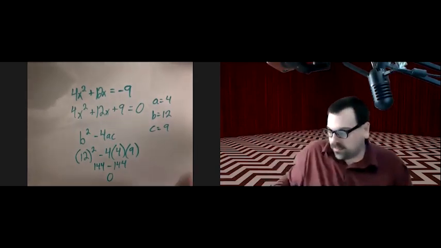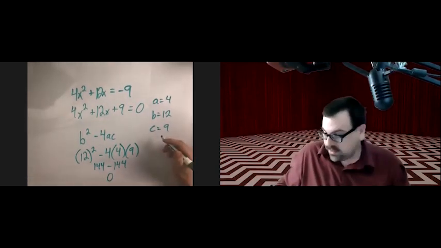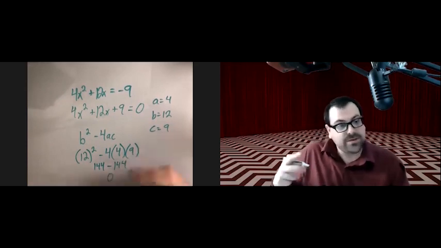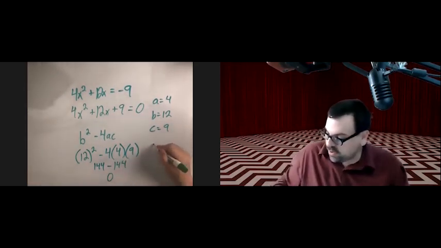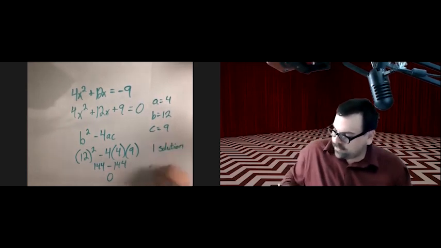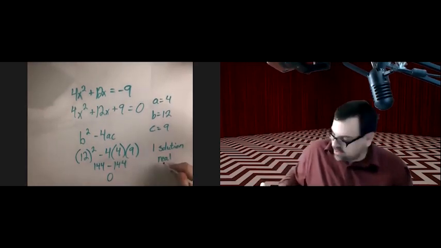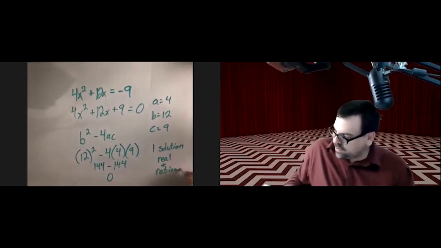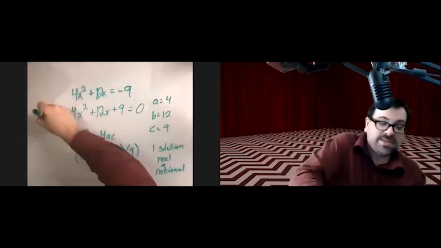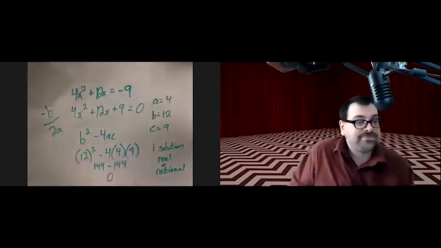0 underneath the radical in the quadratic formula means instead of 2 solutions, we're just going to have 1 solution. It's going to be real. The radical is going to be gone, so it's going to be rational. In fact, it's going to be negative b over 2a.